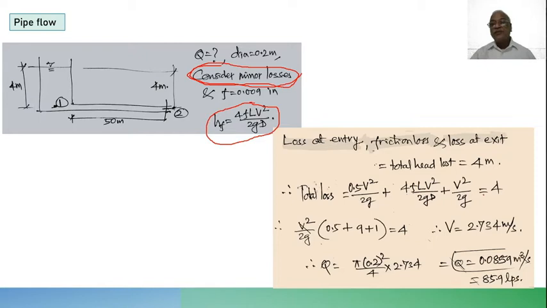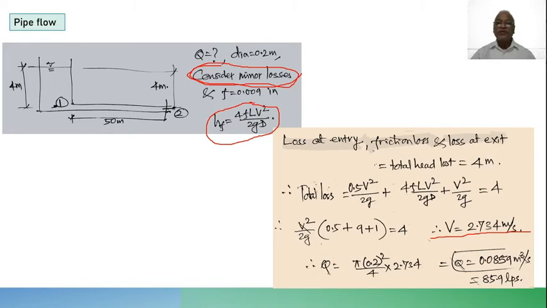Now if I take V squared by 2g common, then the terms come out to be 0.5 plus 4 into F into L by D, which works out to 9, plus 1. So if we simplify, you will get V as 2.734 meter per second. That is the velocity.